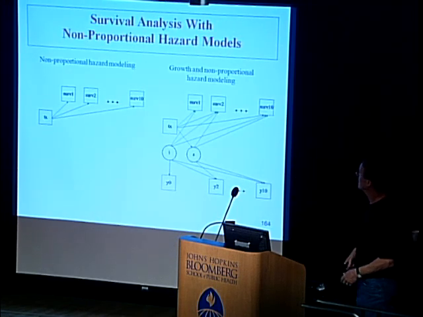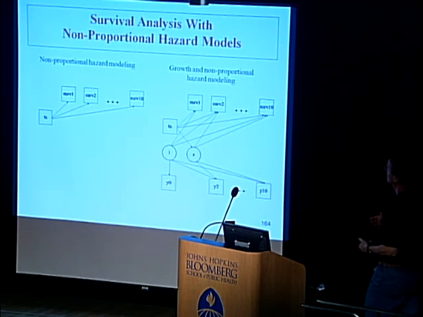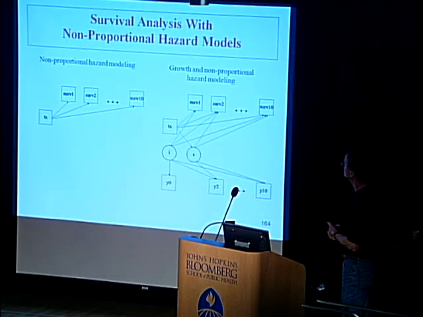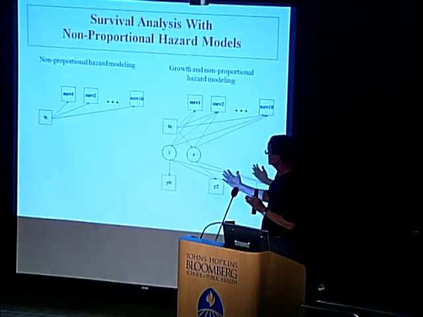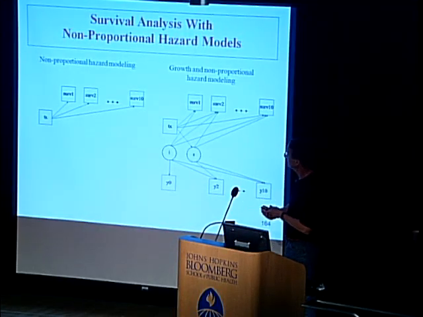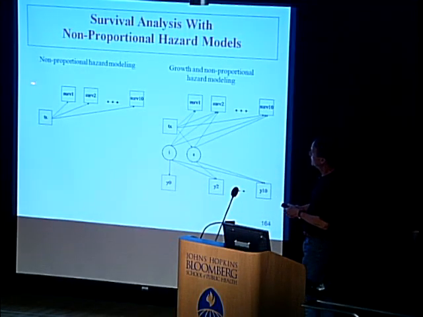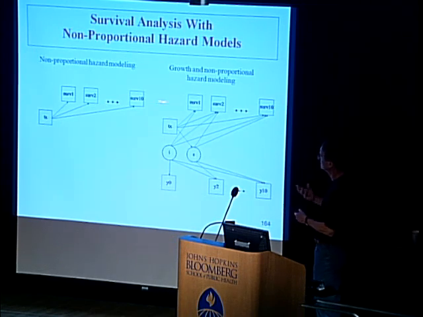Finally, here's the way that non-proportional hazard modeling is done in Mplus. Very quickly, the time period that was considered in this clinical trial was divided up into a number of time segments.